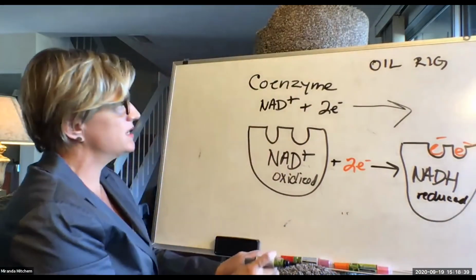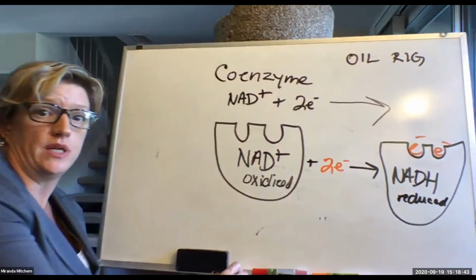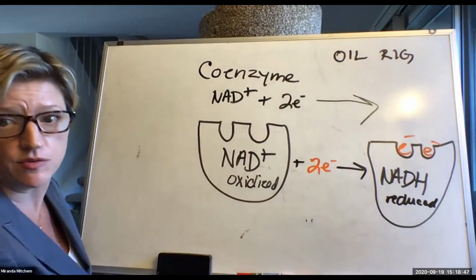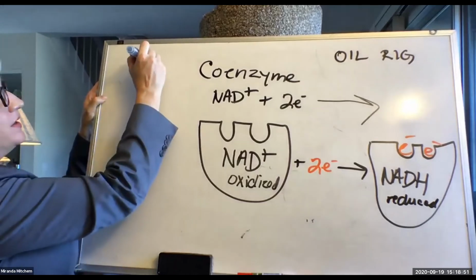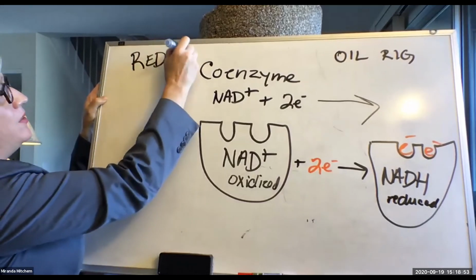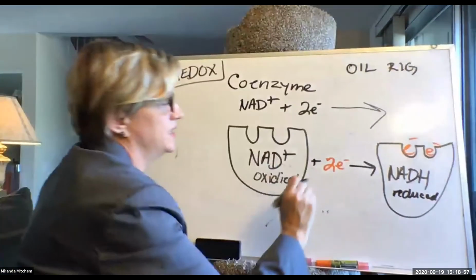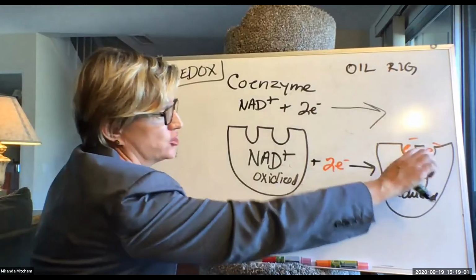Okay, so this is an example of actually a couple good points we need to learn. This is an example of a redox reaction, which is abbreviated REDOX. So it is a good example. So this is the reduction. Reduction is gain of electrons.